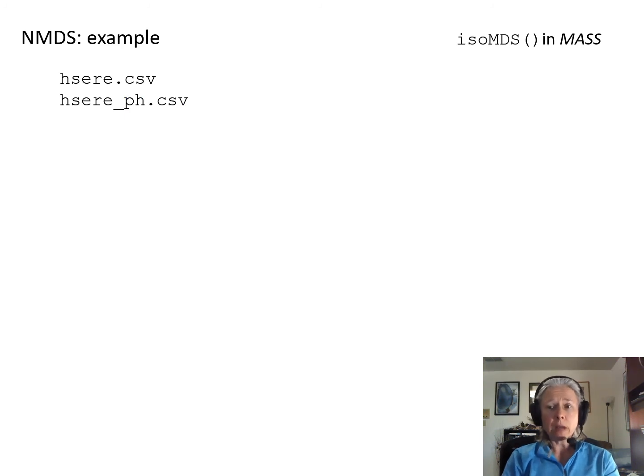To illustrate isoMDS from package MASS, I decided to use a different data set, two different data sets actually, the hseer.csv and hseer_ph.csv files. hseer has abundances of plants collected on 10 transects named T1 through T10.